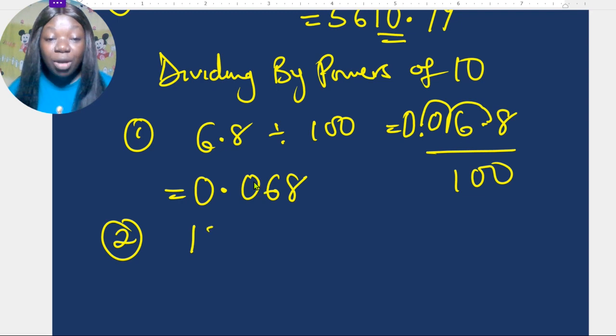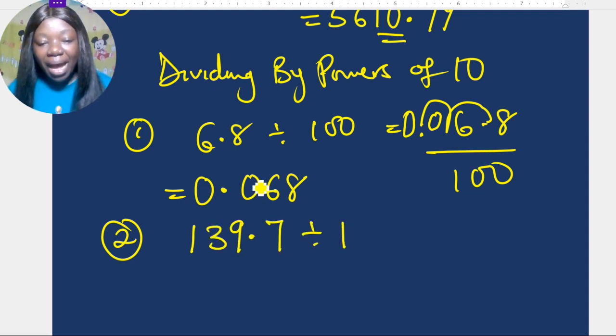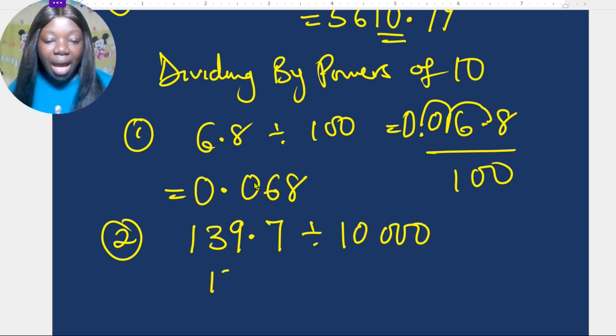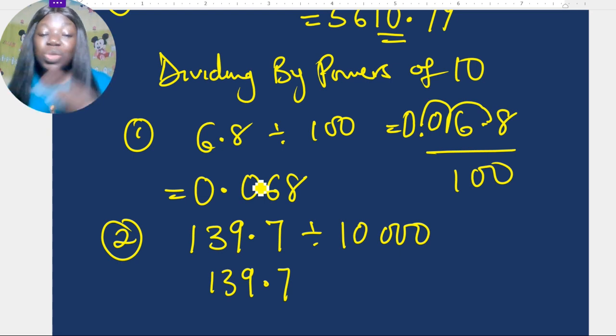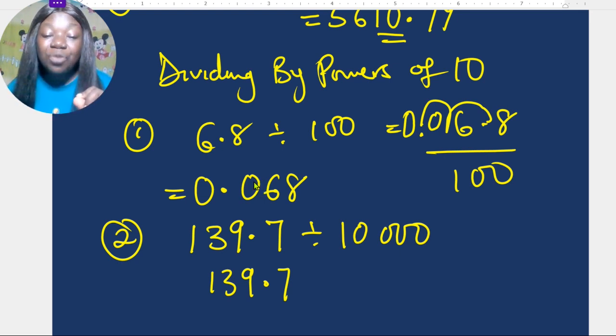So now look at the next question. What if we have 139.7 divided by, let's say, 10,000? Now let's count from the decimal point to the left. 10,000 has 4 zeros, so we'll be counting 4 times.